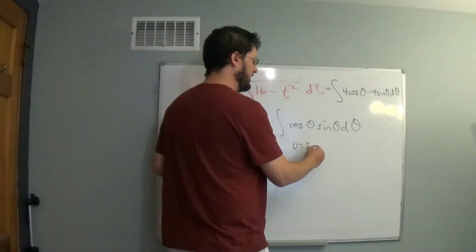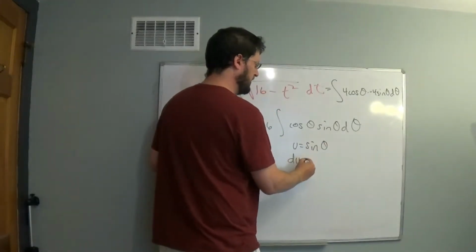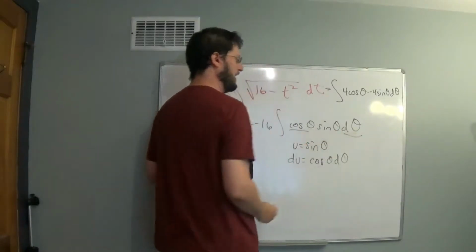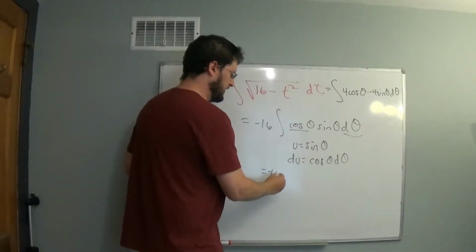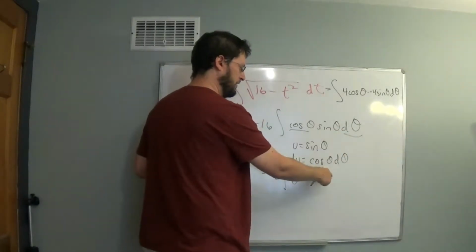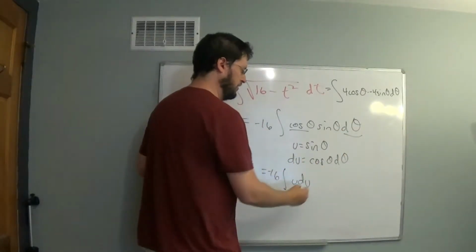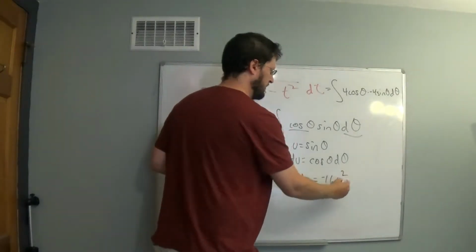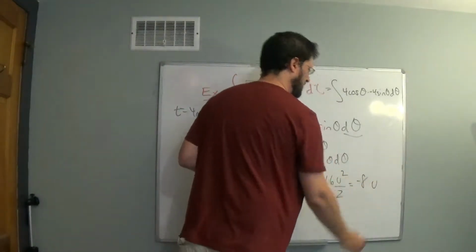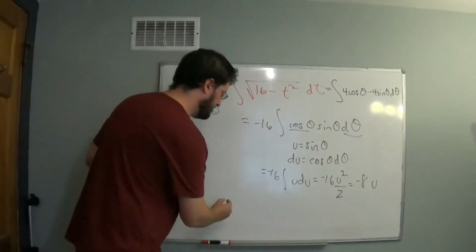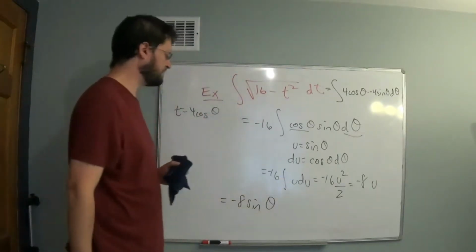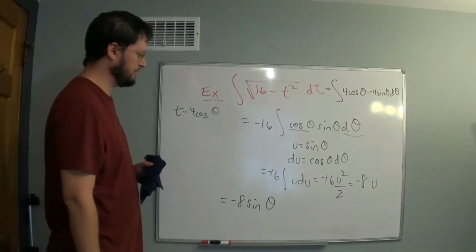So this integral is negative 16, integral of sine theta, which is u, cosine theta d theta, which is du, so that's u du, which is negative 16 u squared over 2, which is negative 8 u, which is negative 8 sine theta, plus C.